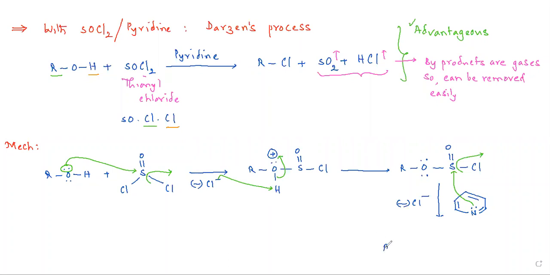See, we get RO S double bond O, then the pyridinium part, nitrogen with a positive charge. Okay.